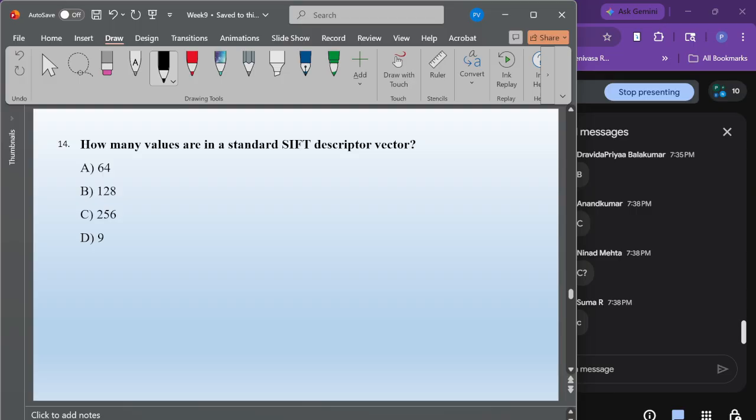So the SIFT descriptor is computed by taking a 16 cross 16 pixel neighborhood around a key point. We can't calculate directly on that, so we divide it into a 4 cross 4 grid of subblocks, and create an 8-bin orientation histogram for each subblock.